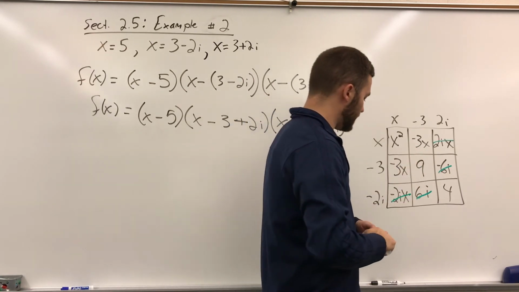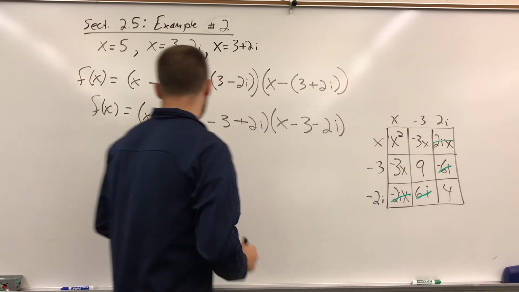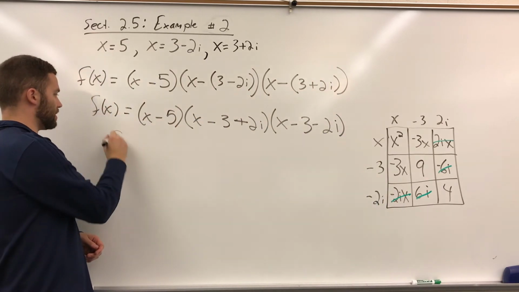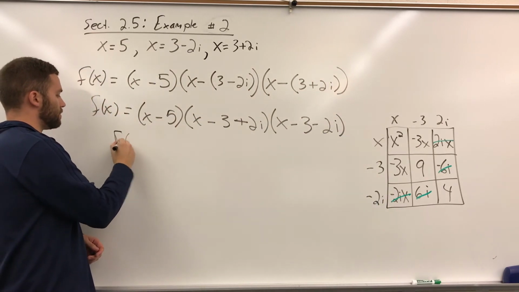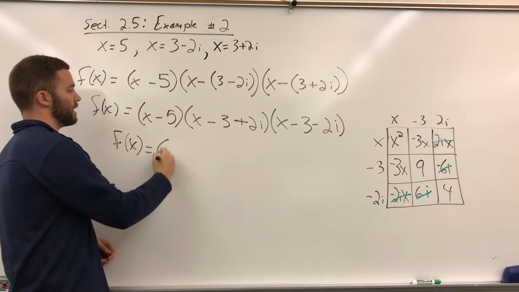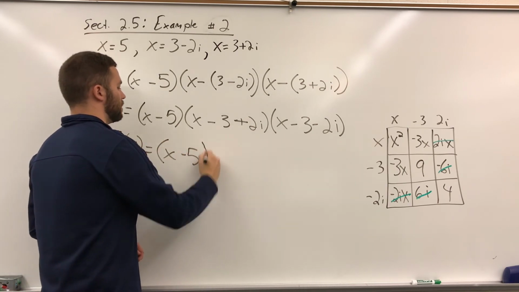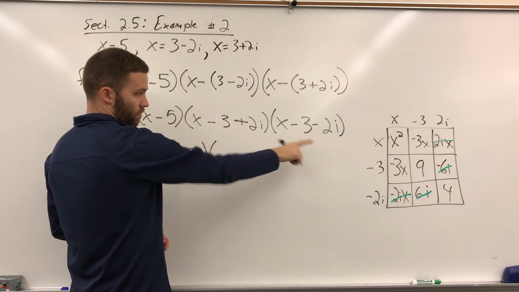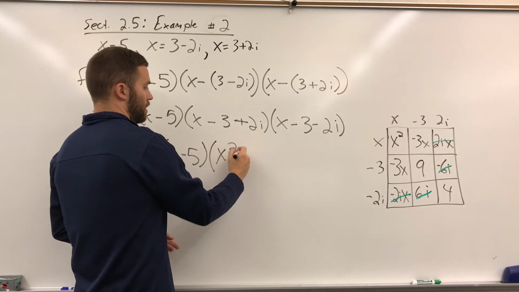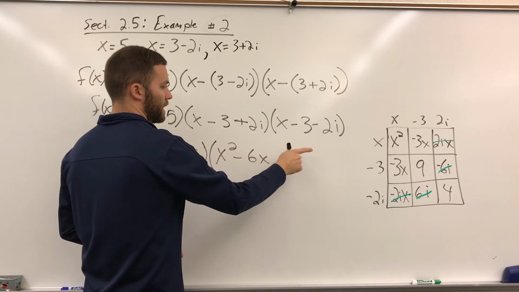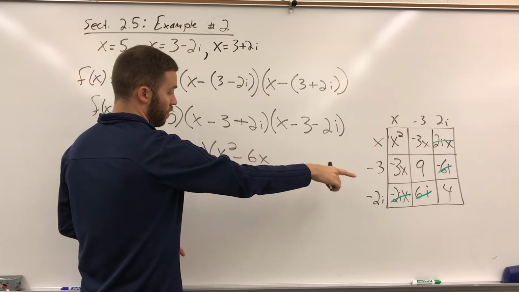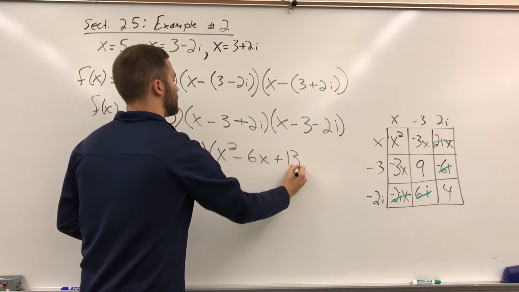And so we can write that into the polynomial now. So we'll leave this x minus 5 alone. So I get f of x is equal to x minus 5 times, and then we'll write down what we have here. So x squared minus 6x, 9 plus 4, which is 13, so plus 13.